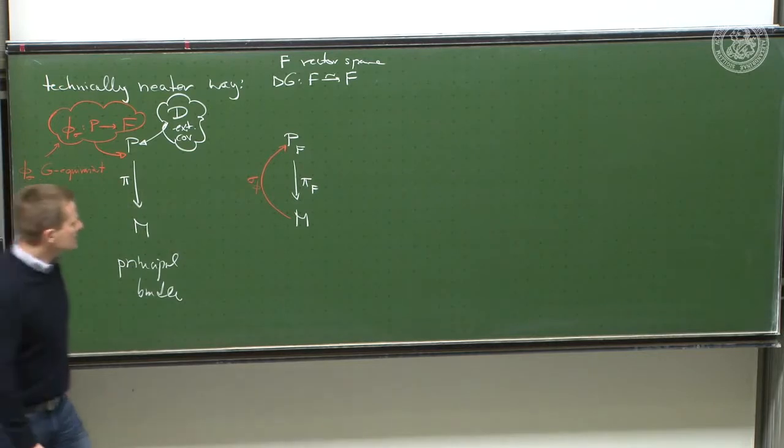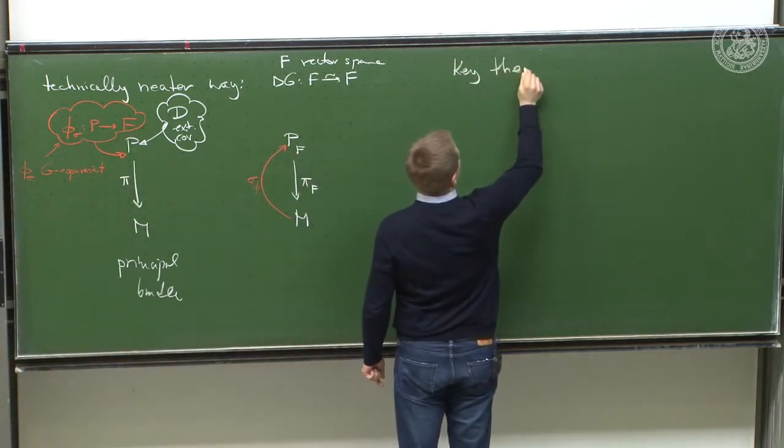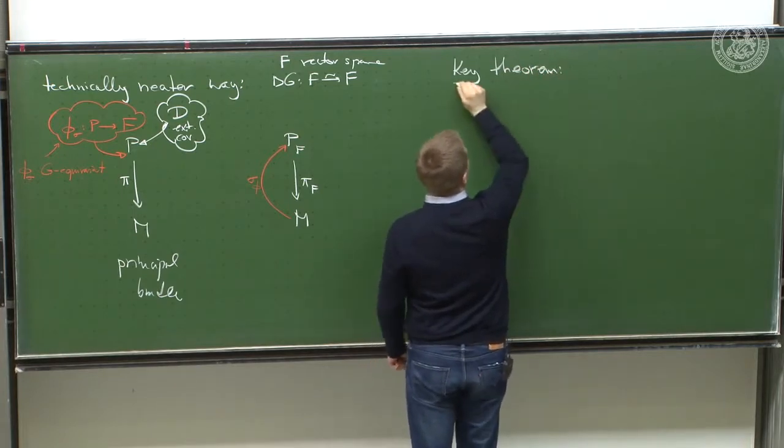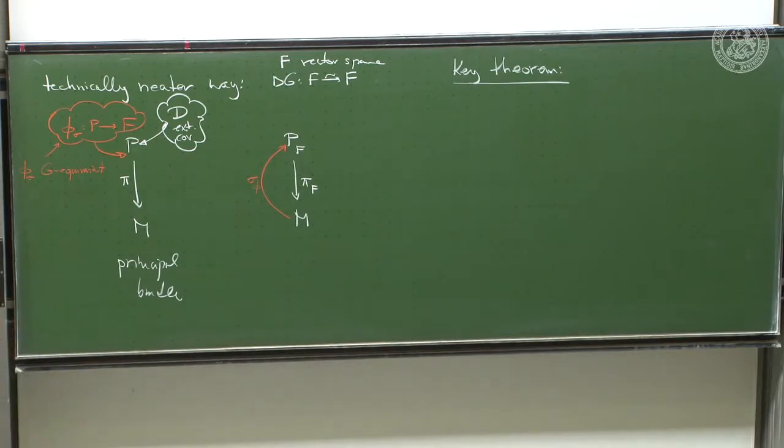Okay? So what's the key theorem that allows us to do this? And I quoted this theorem before, and I wanted to push the proof to a problem sheet, but then the problem sheet was filled with other important stuff, so we'll do the proof today here.